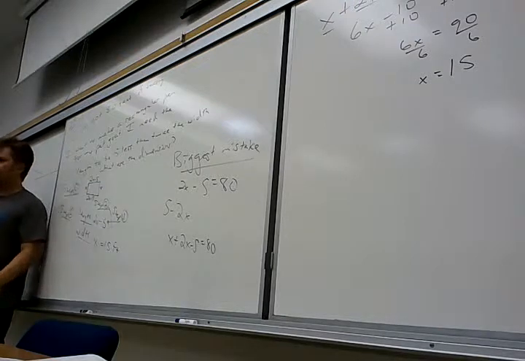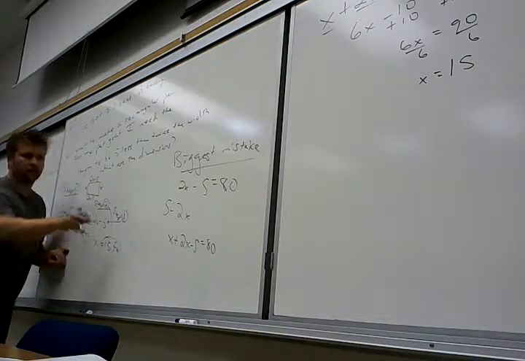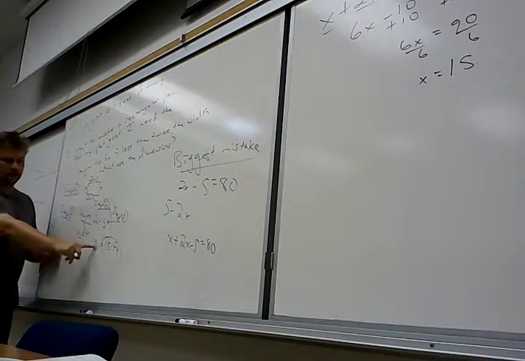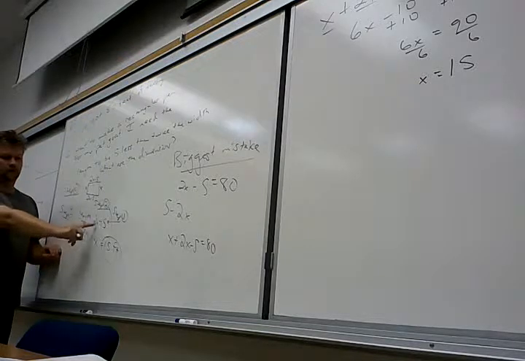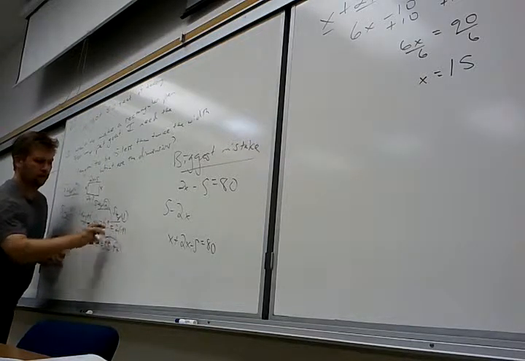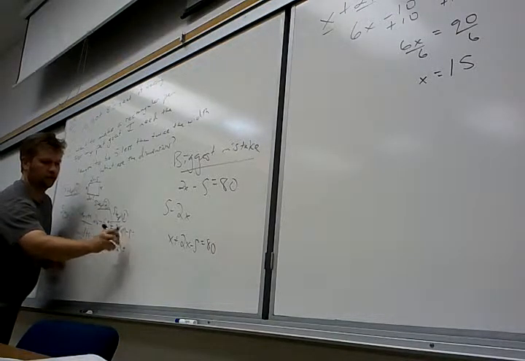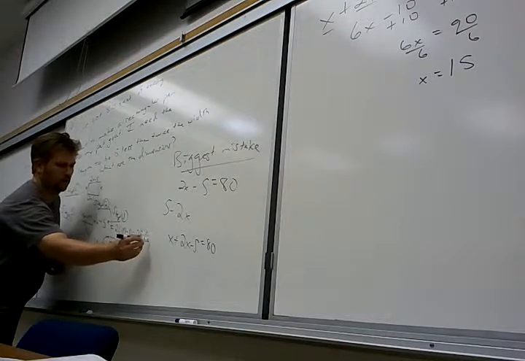Those of you that had chemistry or something already, you know you've got to have the units in there, right? So x is the width, 15 feet. What's the length? 2 times 15, minus 5. So 30 minus 5, 25. 25 feet.